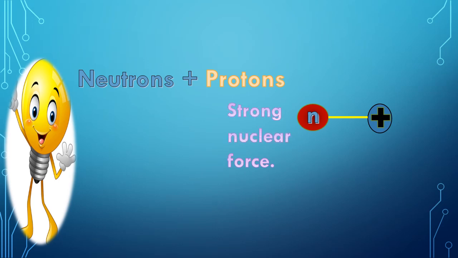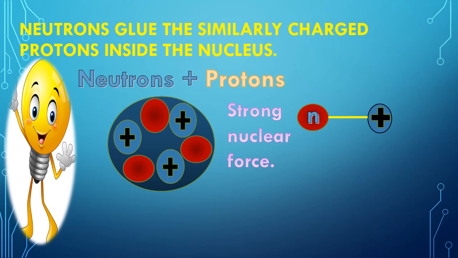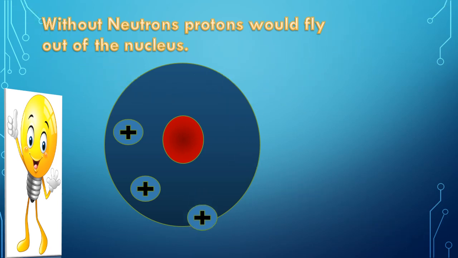This force is called strong nuclear force. This strong nuclear force holds the protons together and stops them from flying apart. So neutrons glue the similarly charged protons inside the nucleus and hold the nucleus together. If there were no neutrons, the electric force would cause the positively charged protons to push each other out of the atom. Without neutrons, protons would fly out of the nucleus.